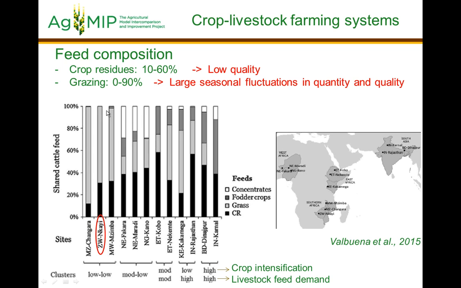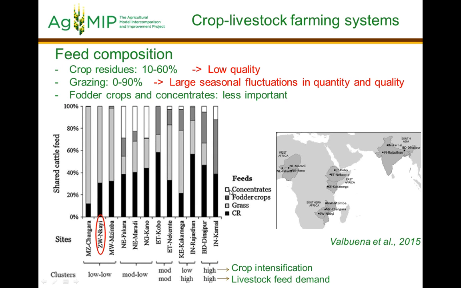Then, when it comes to grazing, the second component in the livestock diet, grasses provide between 0 and 90% of the diet. And the problem there is that we are dealing with large seasonal fluctuations, both in quantity and in quality. And then finally, fodder crops and concentrates.